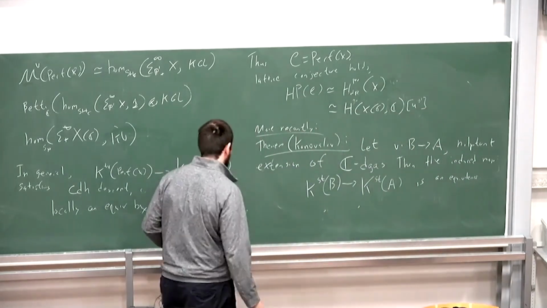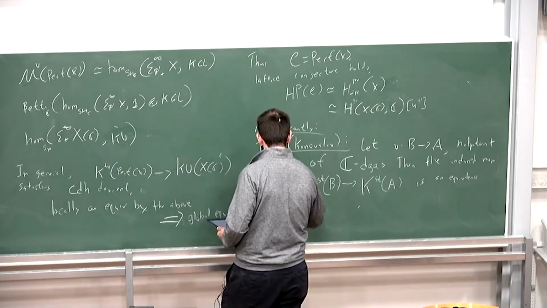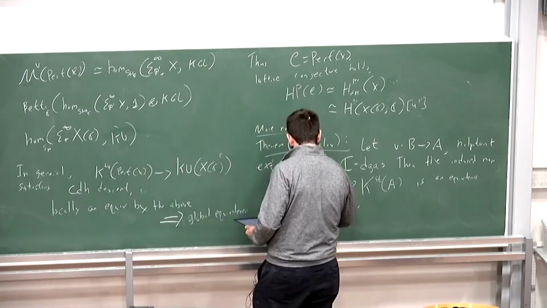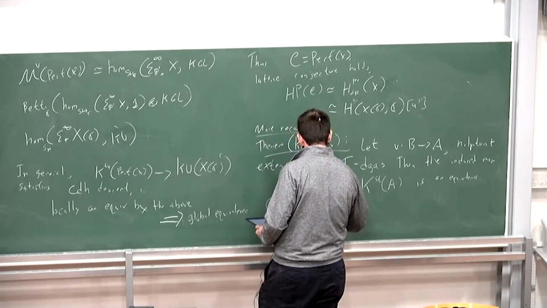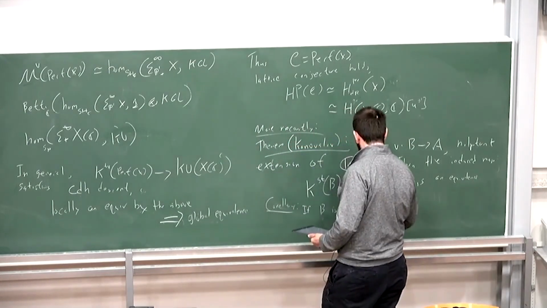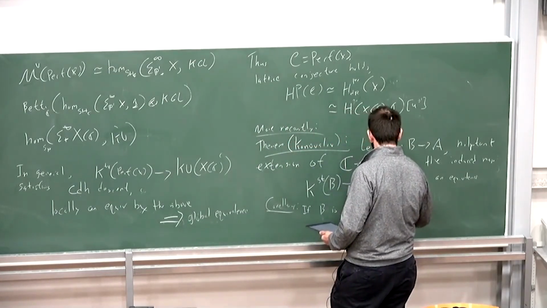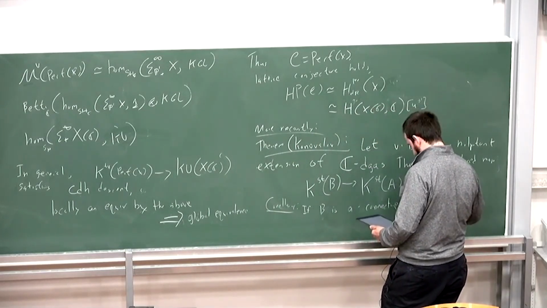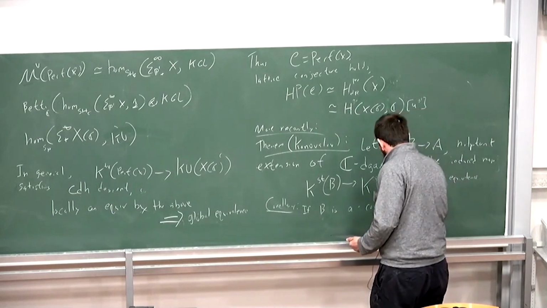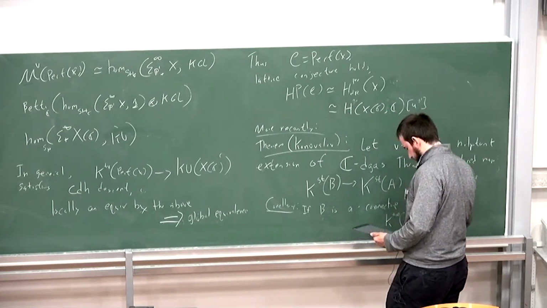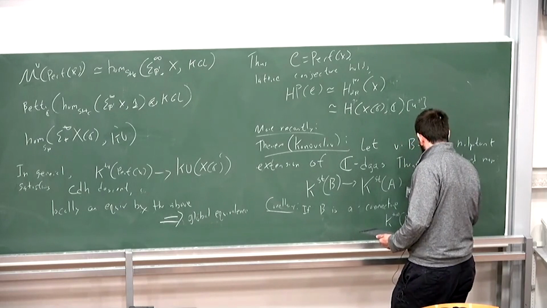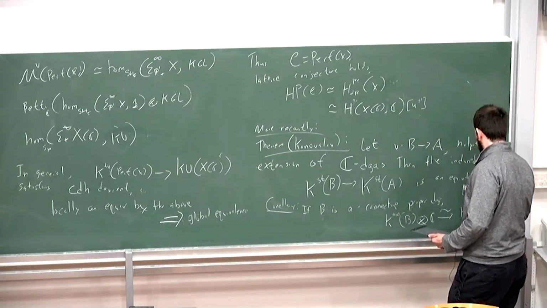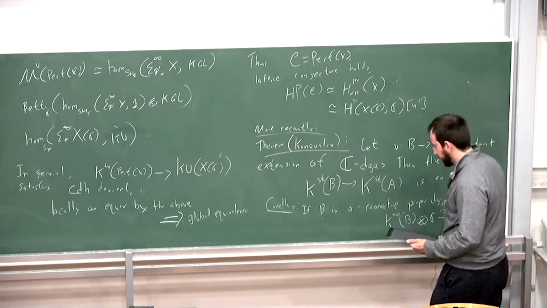And as a corollary, if B is a connective proper DGA, then the lattice conjecture holds.